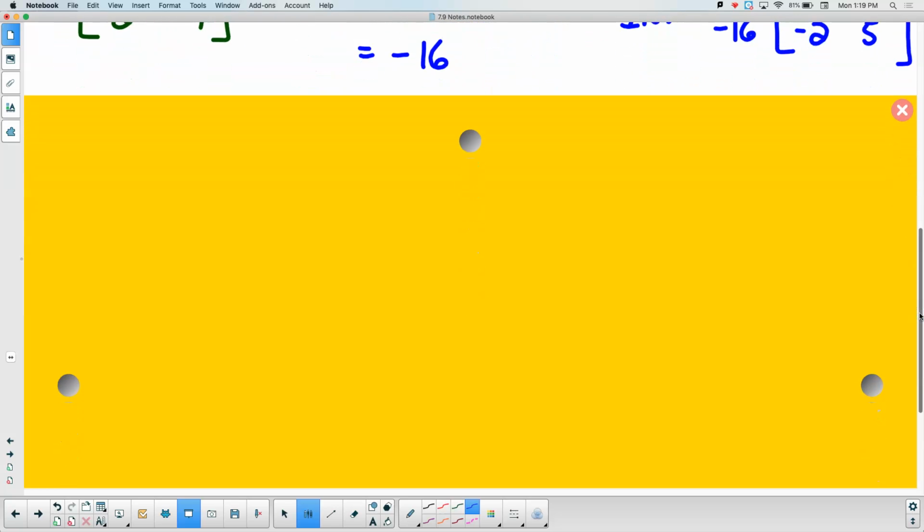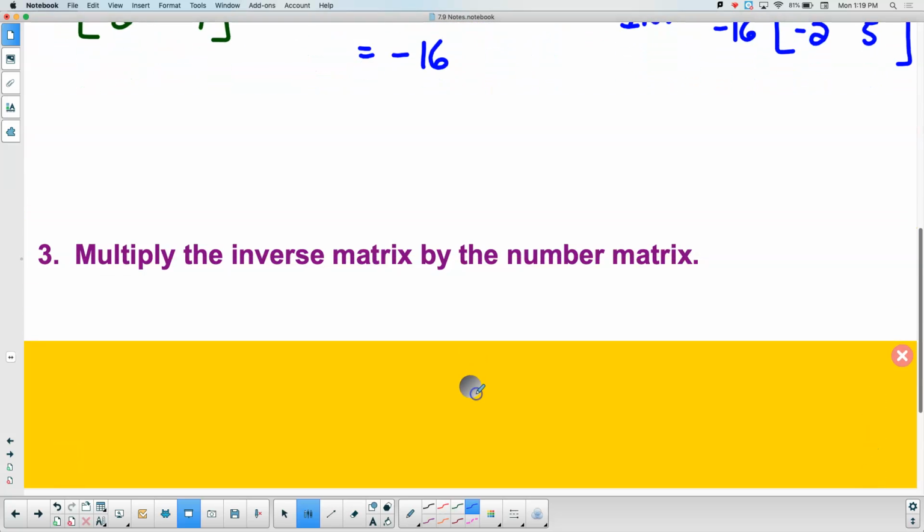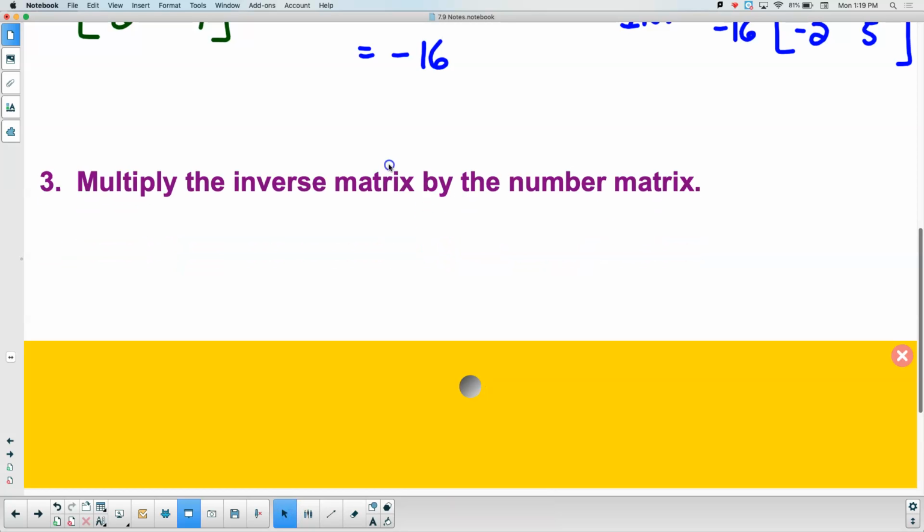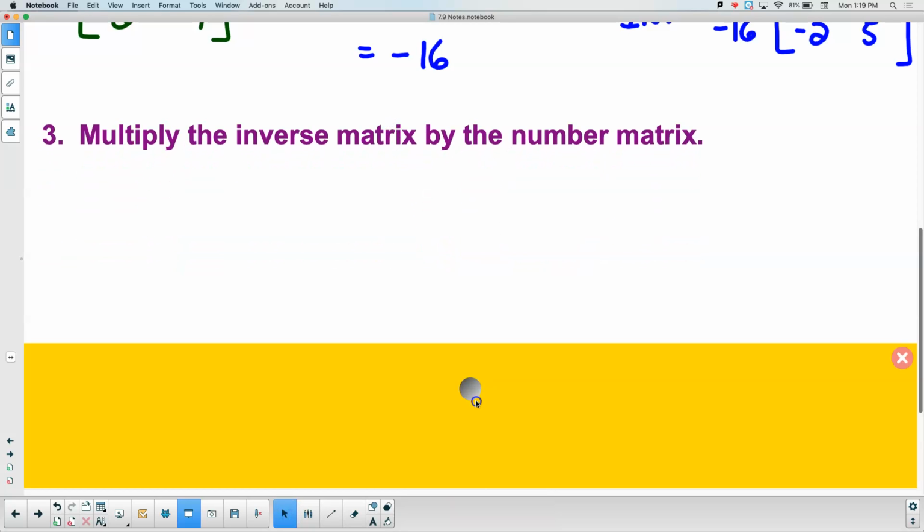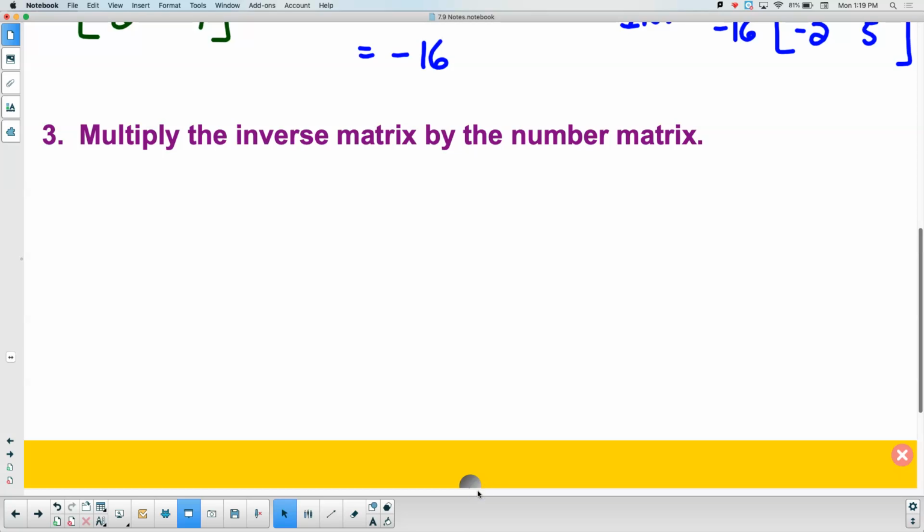So now, back in the flow, we're done with our sidebar action. We're going to take our matrix equation and rewrite it.